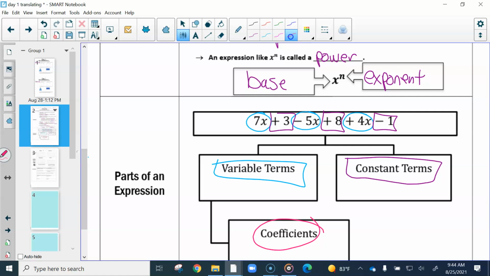Oh, no. Did you want to answer anyway? Seven, 4, and negative 5. So just the numbers in front of your variable.